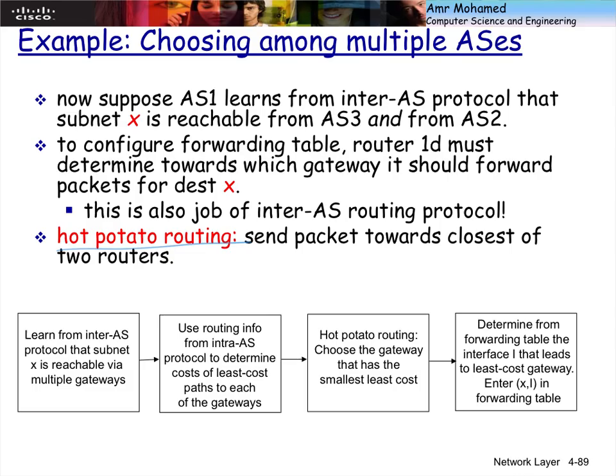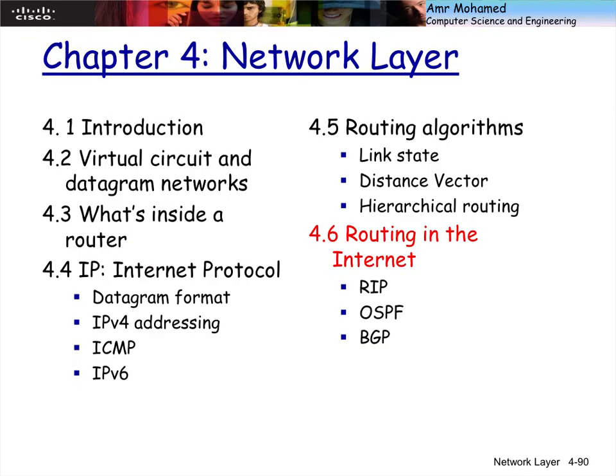The policy says it's okay. Then we ask, what is the cost to each border gateway router? And we select the one with the minimum cost. So we use routing information from the intra-autonomous system protocol to determine the least cost path to each border gateway router. Then we apply hot potato routing: choose the gateway that has the smallest least cost, and forward the traffic towards that border gateway router. So this is called hot potato routing.